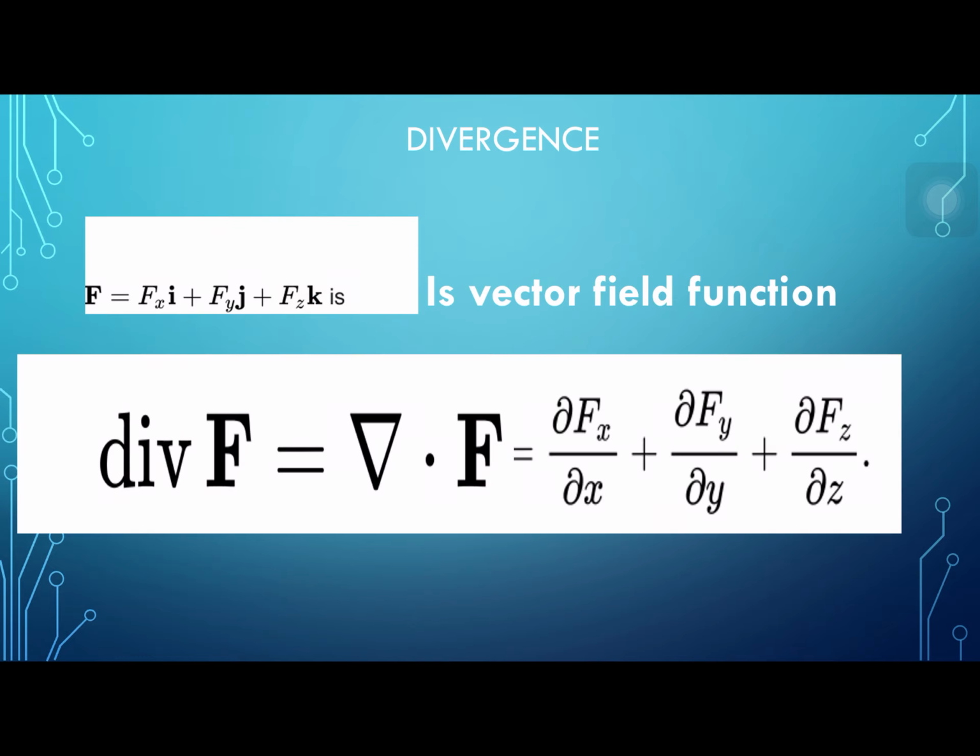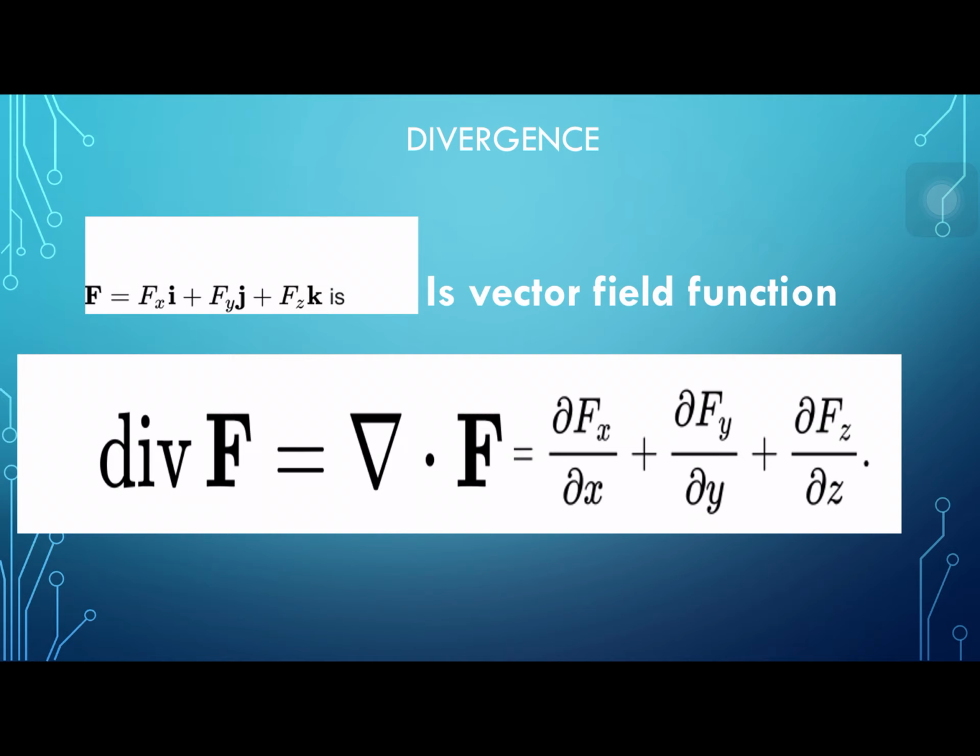So here f bar is a vector function which defines a vector field. Then f bar equals fx into i bar plus fy into j bar plus fz into k bar.